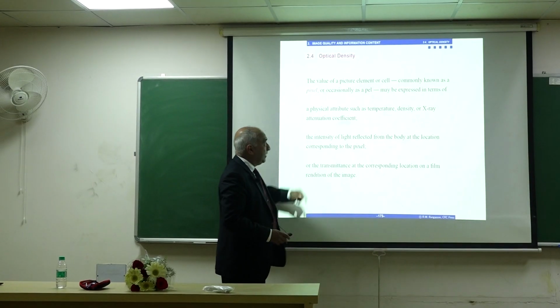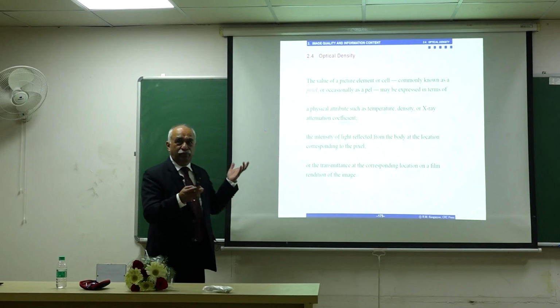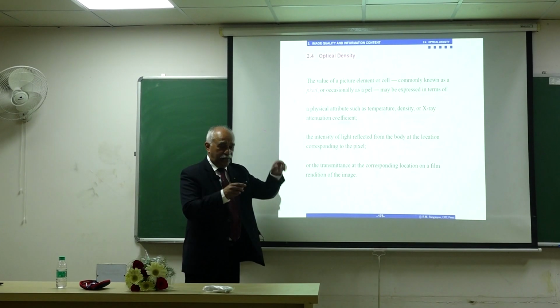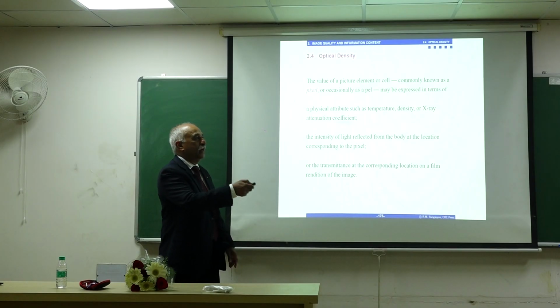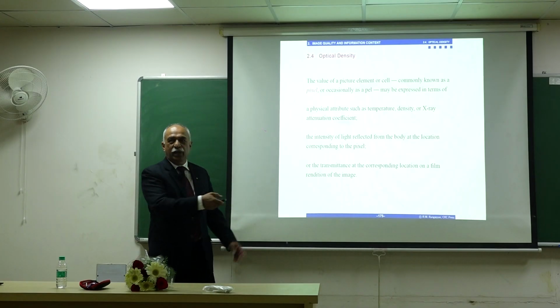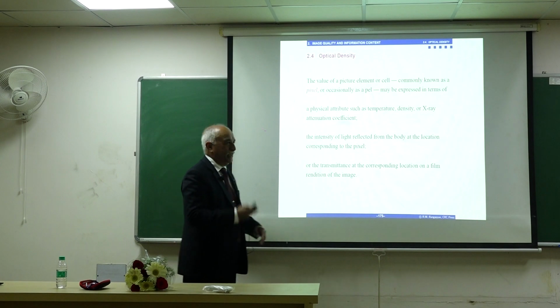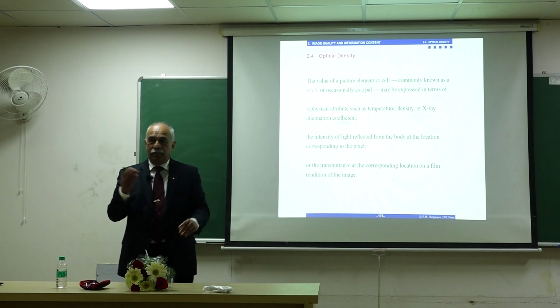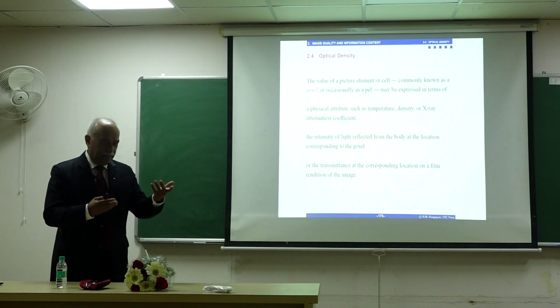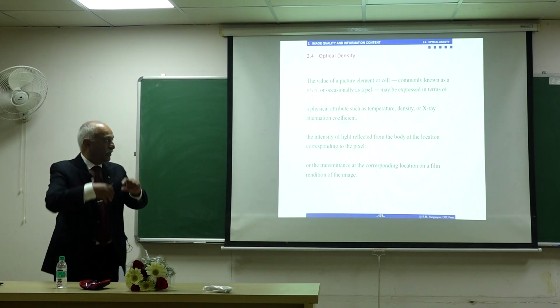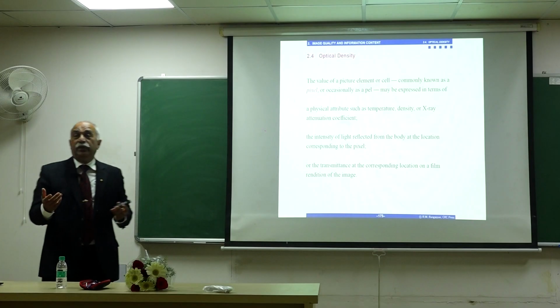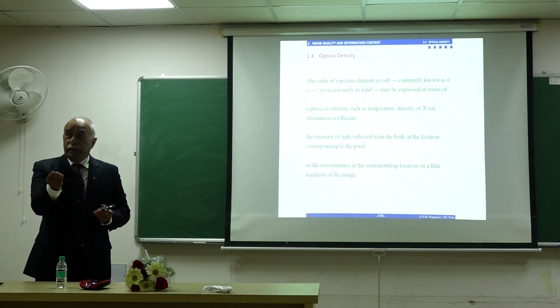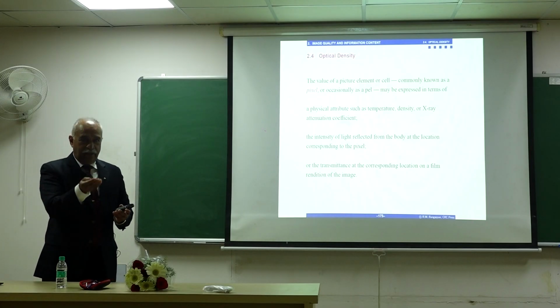The intensity of light reflected from some body or object at the location of that. So I send a beam there, a laser beam, and something is reflected. Measure that in and out. Or the transmittance or transmittivity, if it is a medium through which you are sending light, such as when you are looking at some object, some specimen under a microscope.